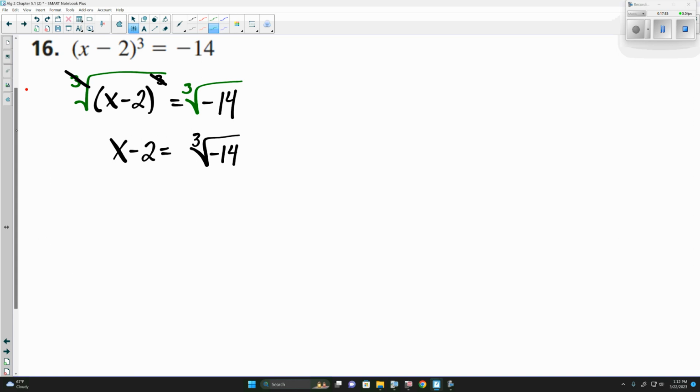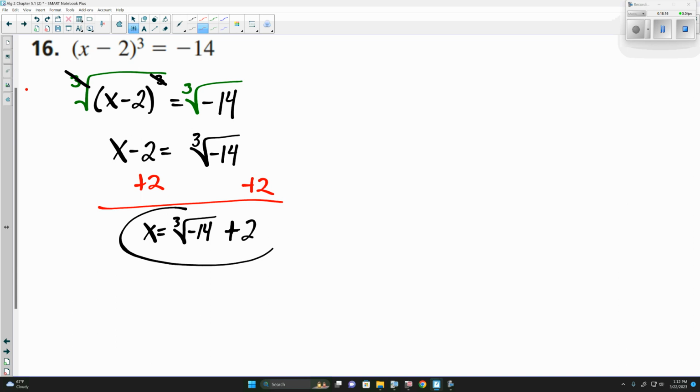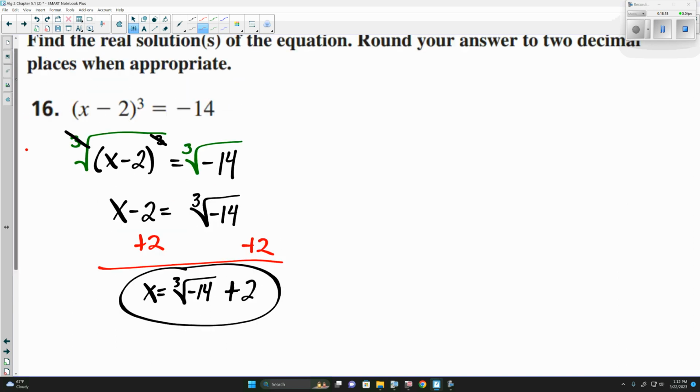No. And lastly, we can add 2 to both sides. Now, since it is an odd root, we don't put a plus or minus. So it doesn't matter where we add the 2. We can add it after the radical or before it. Either one works. So this here is the answer.